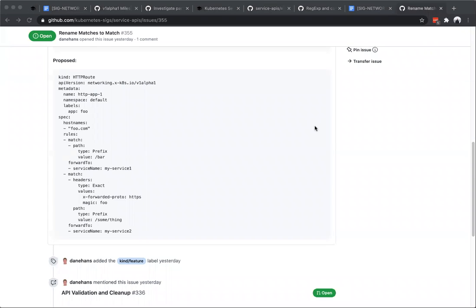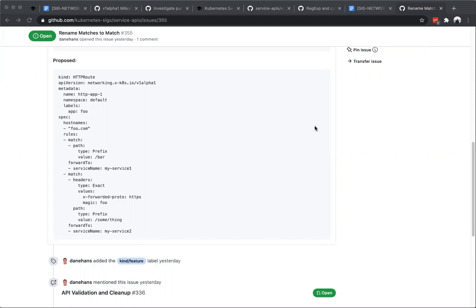I'll just echo my comment earlier that I don't mind this change. The idea behind match becoming singular is that it feels inconsistent with host names being plural right above it, and host name singular feels especially strange to me.